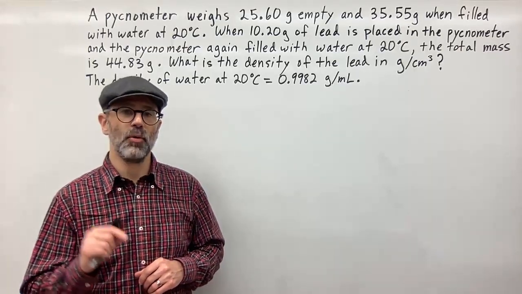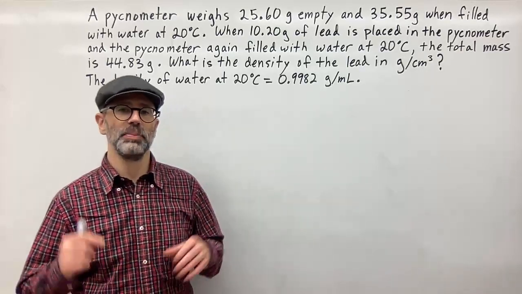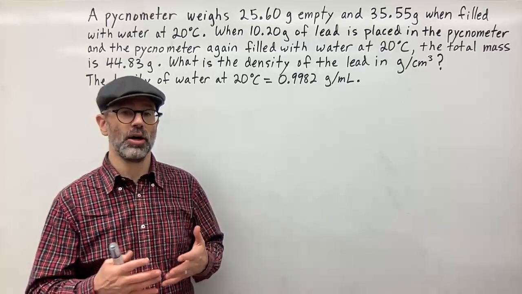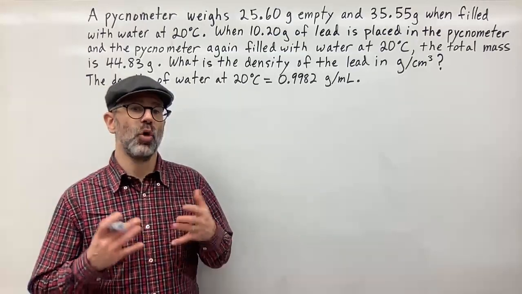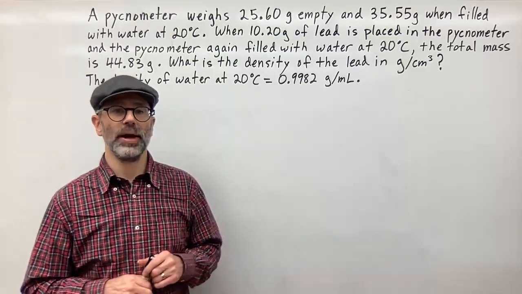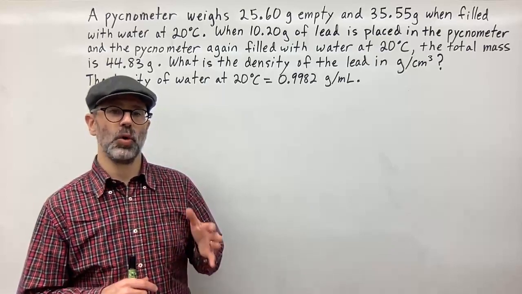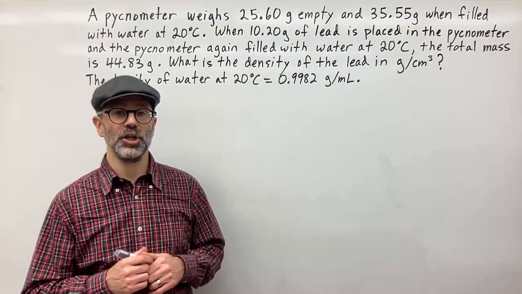When 10.20 grams of lead is placed in the pycnometer, and the rest of it is filled with water at 25 degrees Celsius, the total mass is 44.83 grams total. So the question is, what is the density of the lead in grams per centimeter cubed?